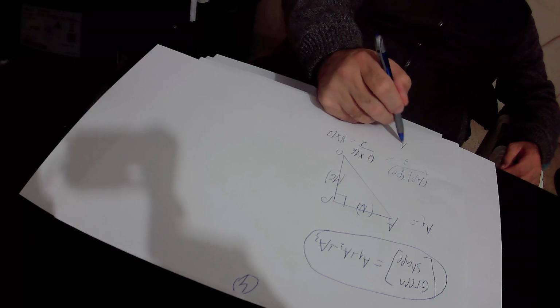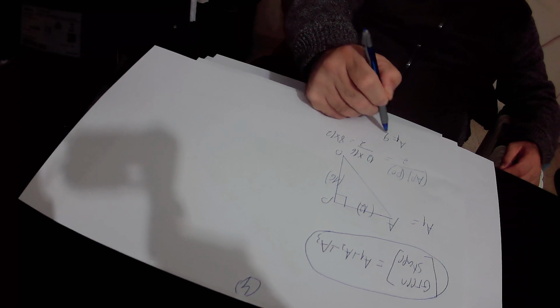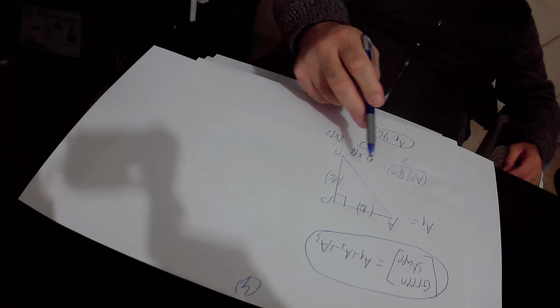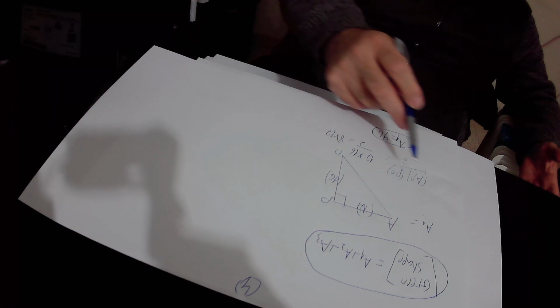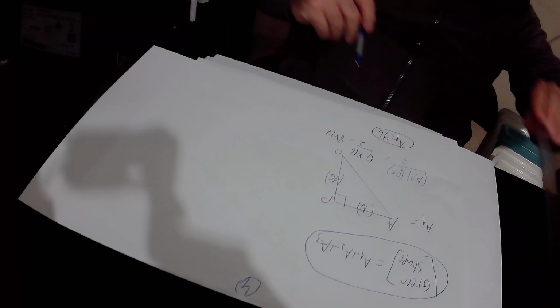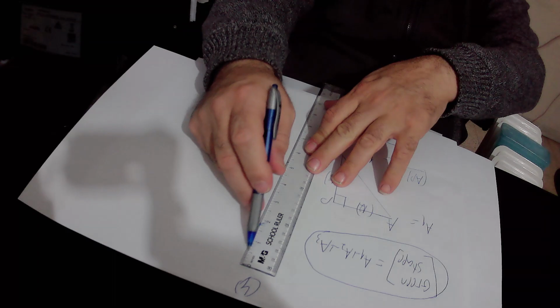That is actually 96 square units. So we found that the area of this right triangle APO, that is A1, equals 96 square units. In the next step we will find the area of A2.